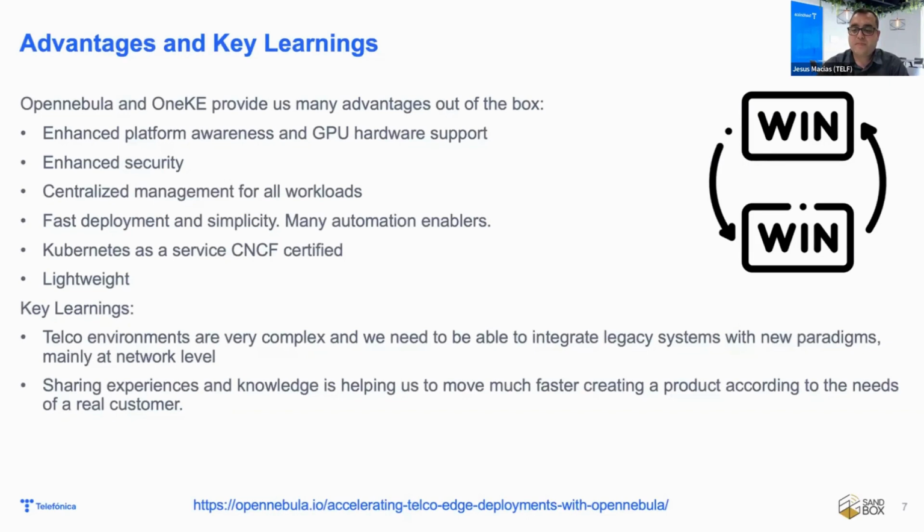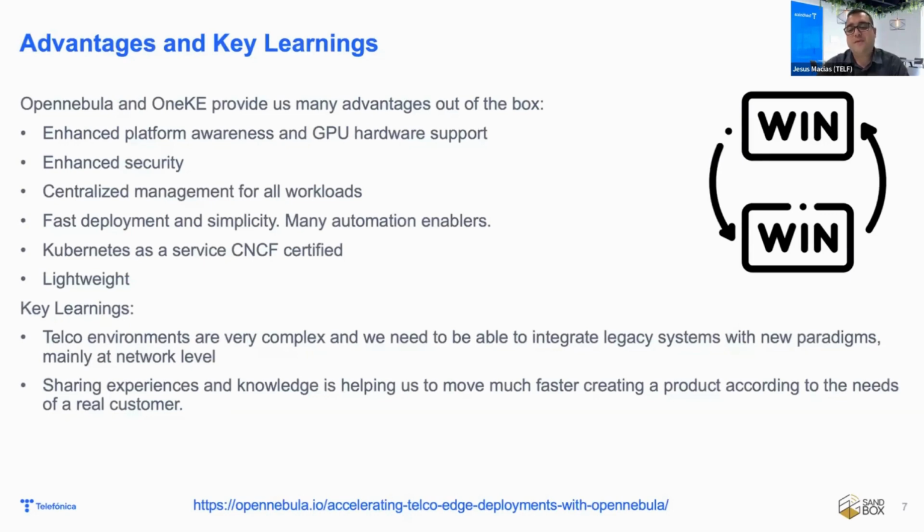The first one is that telco environments are quite complex. We have found situations where we need to integrate legacy systems with virtualized components at network level. So sometimes it's not only TCP or UDP traffic transport.